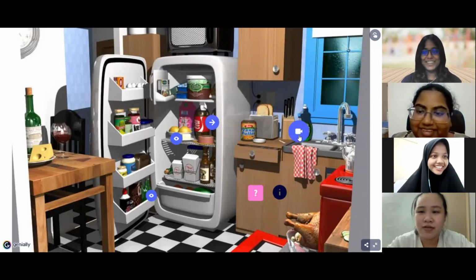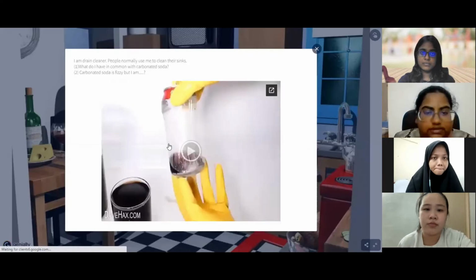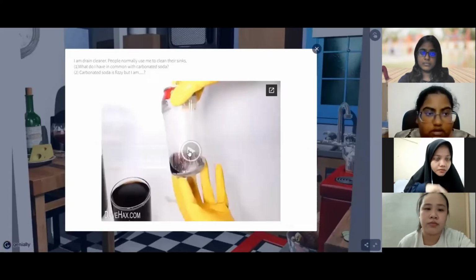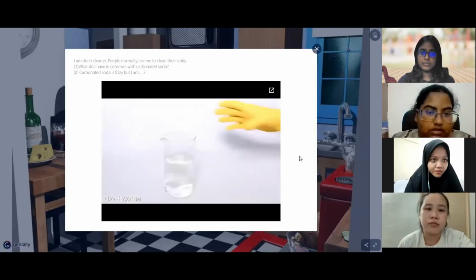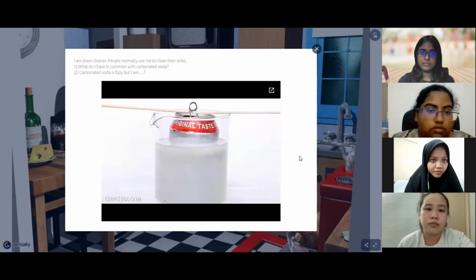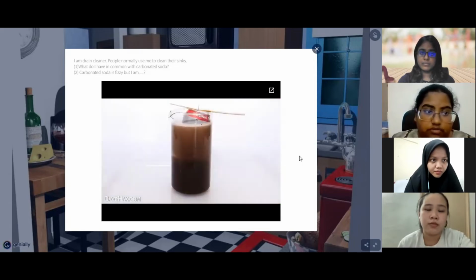Let's look at this video and let's see what that characteristic is. First, he's cleaning off the protective coating from the can, pouring the drain cleaner, and he's putting the can into the drain cleaner. You can see something is dissolving.